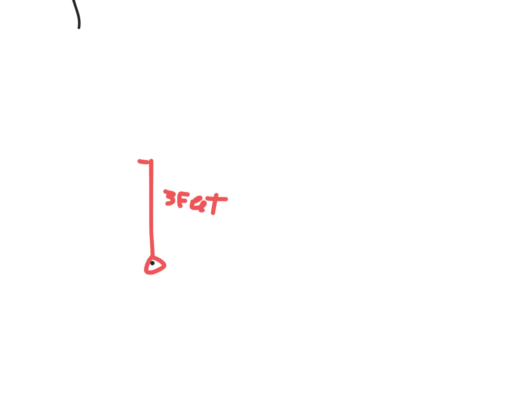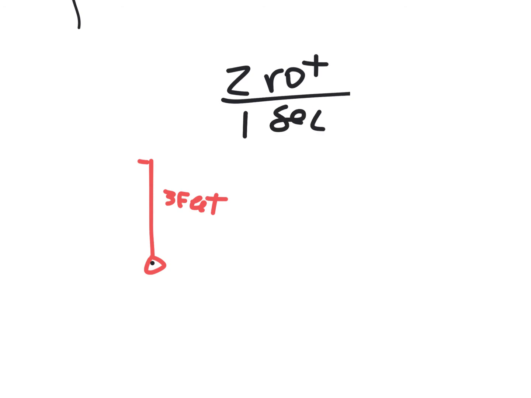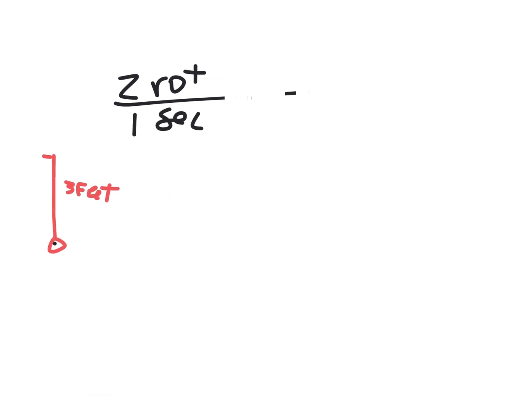I know we could get more picky about exactly how big is the ring around your finger and exactly how wide is the yo-yo, and we're not doing all that. We're just going to say the radius is 3 feet. But if the yo-yo is spinning and I can make it do like 2 rotations per second, then what's its speed in miles per hour? 2 rotations per second. Change that into miles per hour.